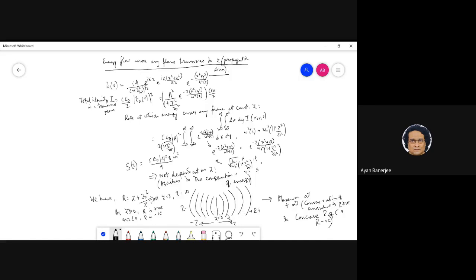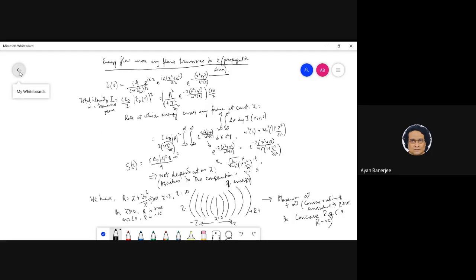As you increase in Z, when you have a convex radius of curvature, we take that to be positive. And when you have a concave, negative radius of curvature for the observer at infinity, it is negative, which is consistent with our convention for spherical mirrors.